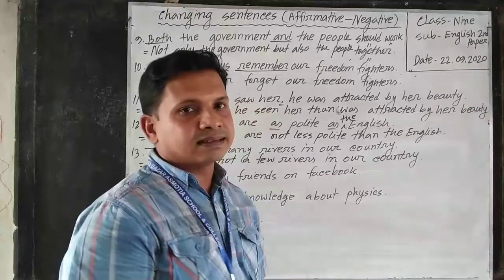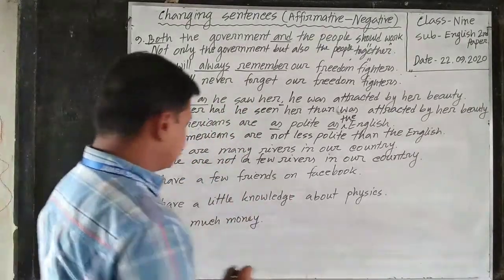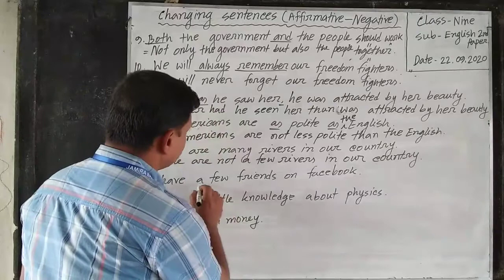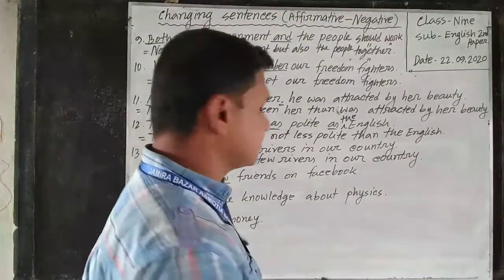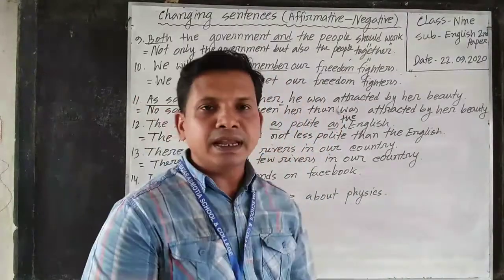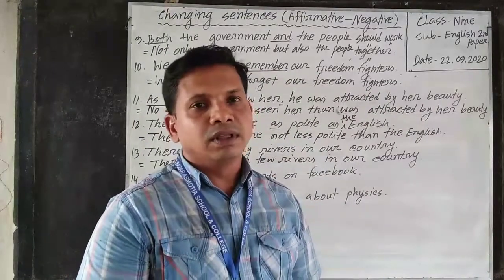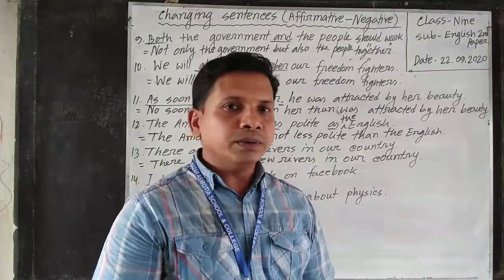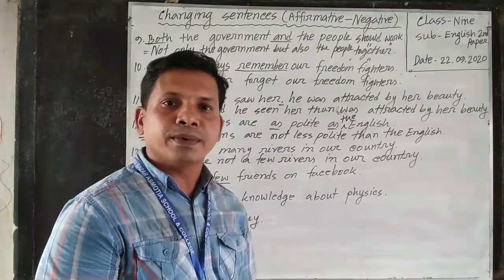So dear students, now the next sentence. I have a few friends. Here the affirmative sentence contains the phrase a few. We know if any affirmative sentence contains a few, then we will use not many instead of a few.